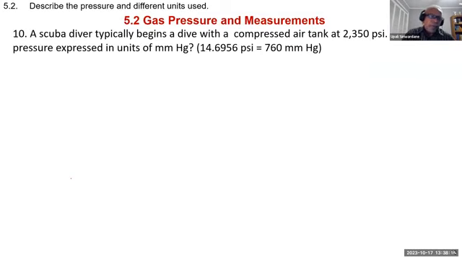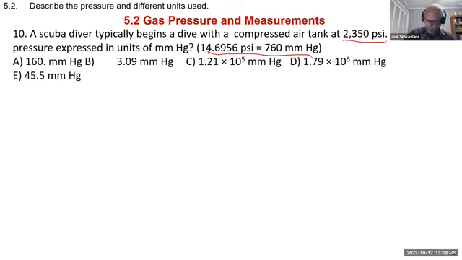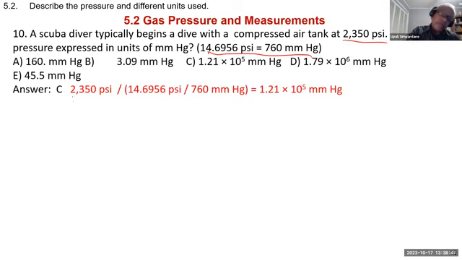There's another problem. Number 10. A scuba diver typically begins with a compressor tank with 2,350 psi. What is the pressure expressed in millimeter mercury? This is the conversion factor. Therefore, line up this value to cancel out psi. I did the calculation here. You start with this to cancel the psi.